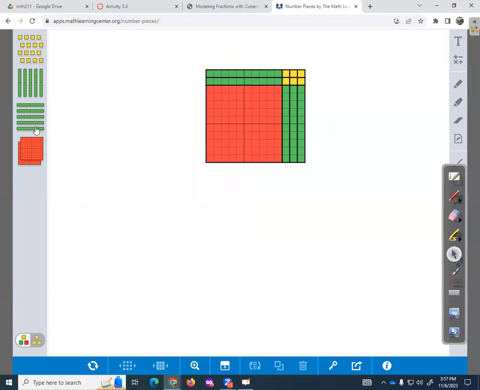So this one is going to be 15. 12, 13, 14, 15 by 13.